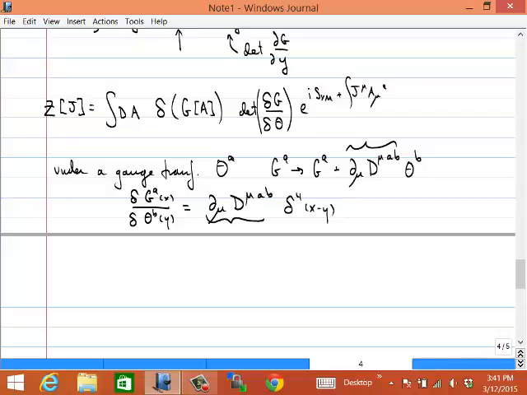So the question is, how can we take its determinant? Let me ask a question to see if you guys have been following along. Let's say that I had the Laplacian operator, and I wanted to compute not its determinant, but 1 over the square root of its determinant. Can anyone tell me how I would compute that?